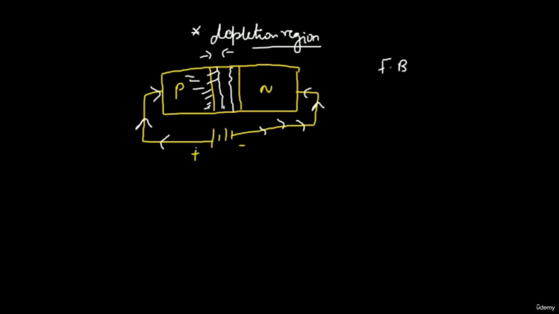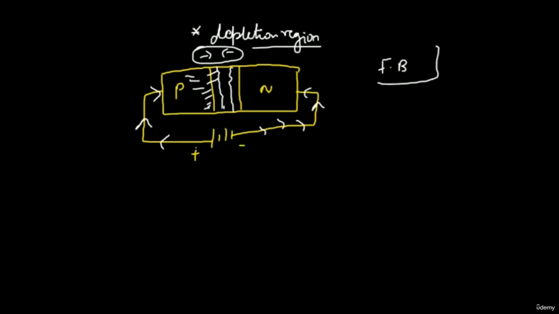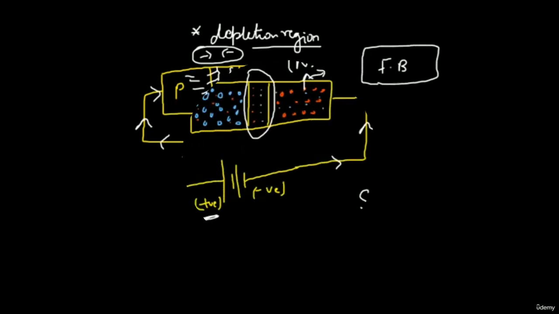Okay, so this is the depletion region here. In this case it shrinks, and in the other case it expands, and that is the fundamental difference between the reverse bias and the forward bias. So to understand its science, we have to go back.